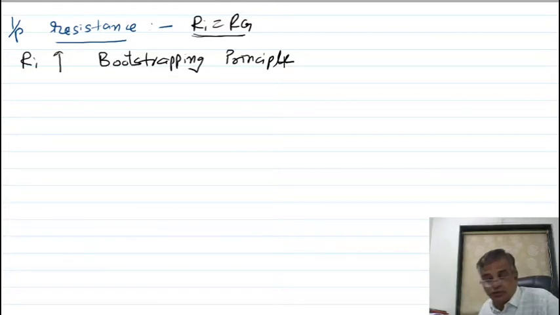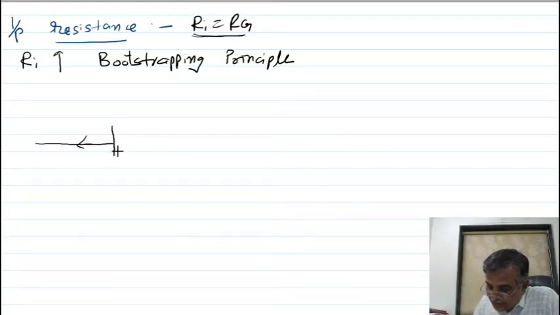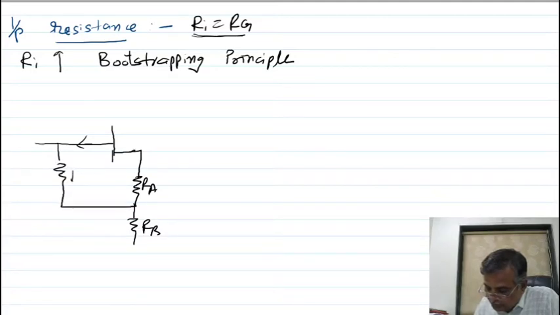In the bootstrapping principle, you can see here, the fraction of the output is given to the input.